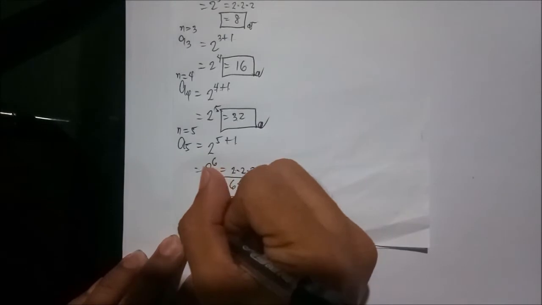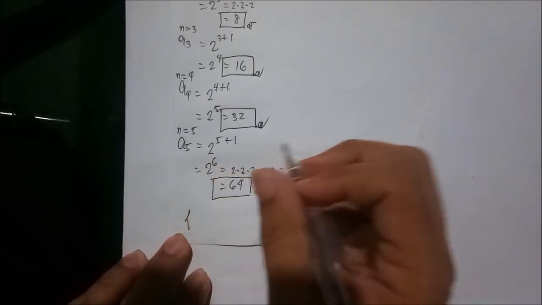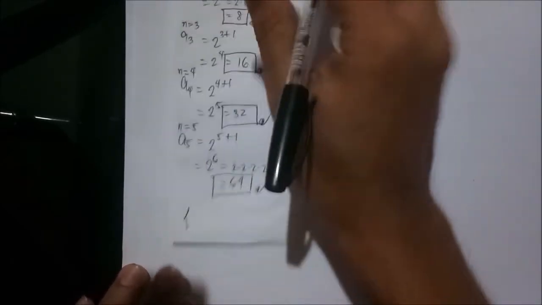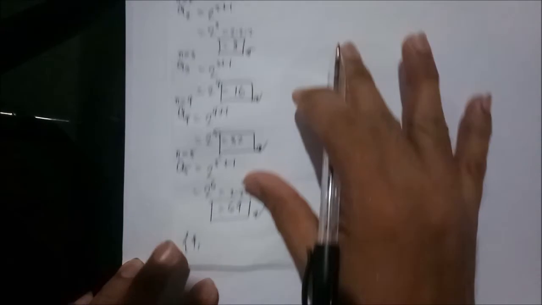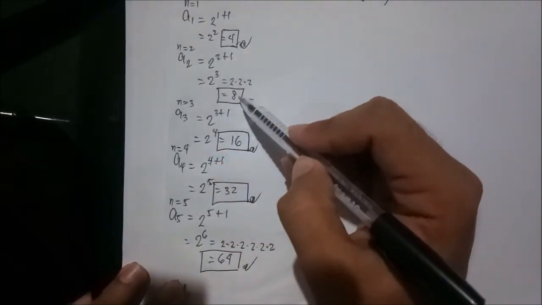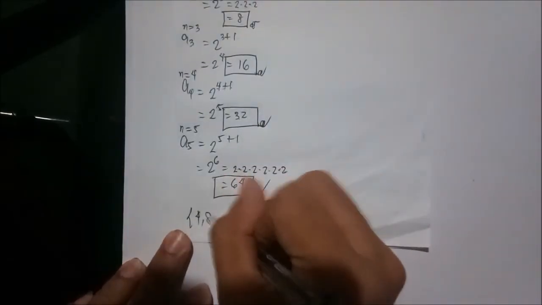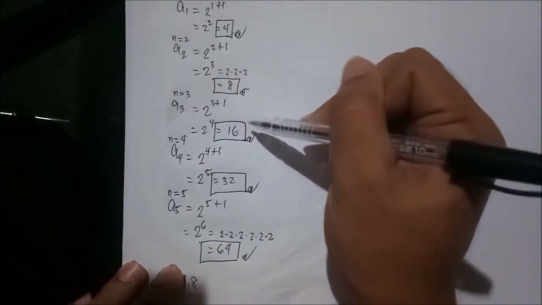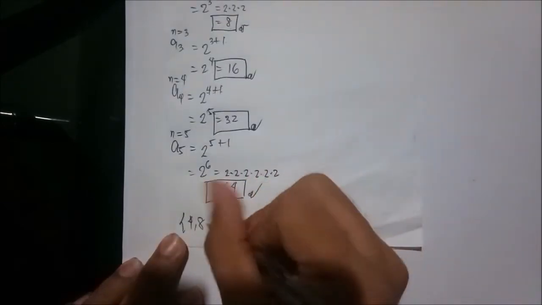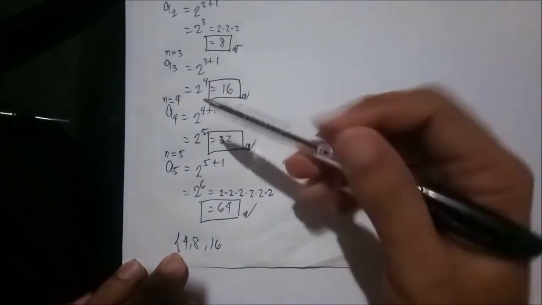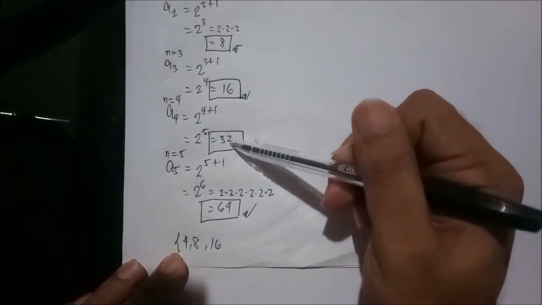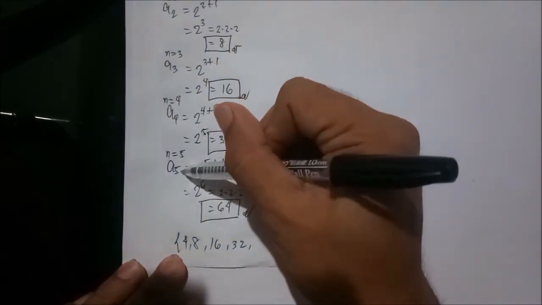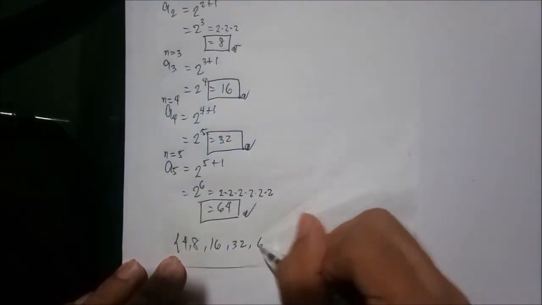So now the first 5 terms: the first term is 4, the second term is 8, the third term is 16, the fourth term is 32, and the fifth term is 64.